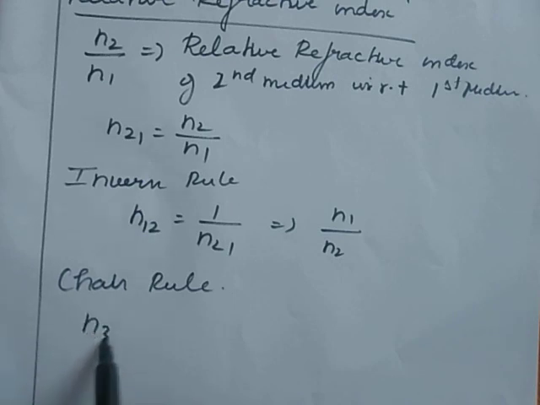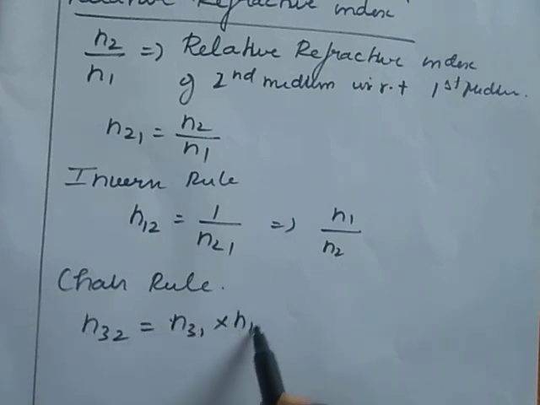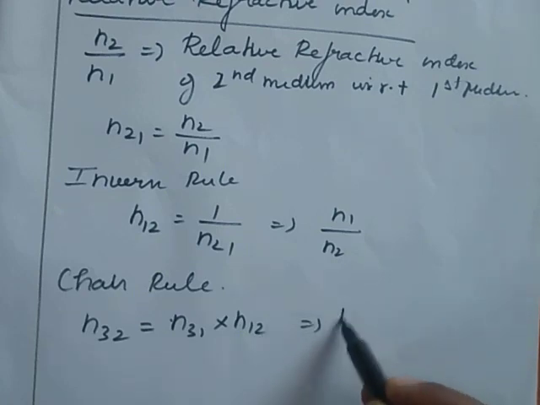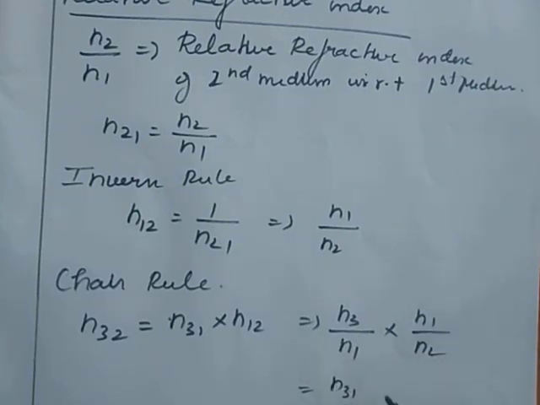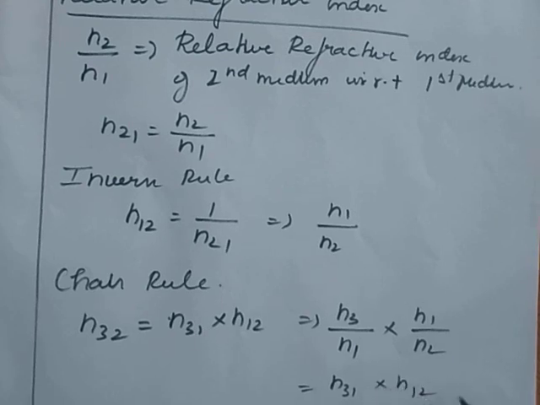That is n32 can be written as n31 into n12. We can write n31 as n3 by n1 and this one as n1 by n2. We can combine it as n31 into n12.